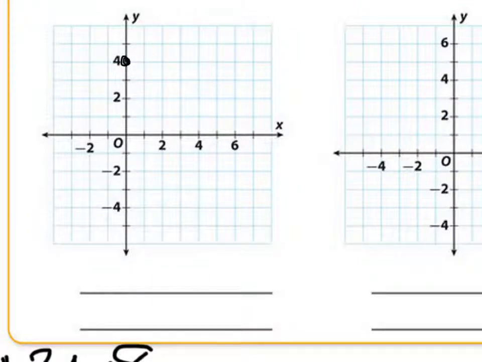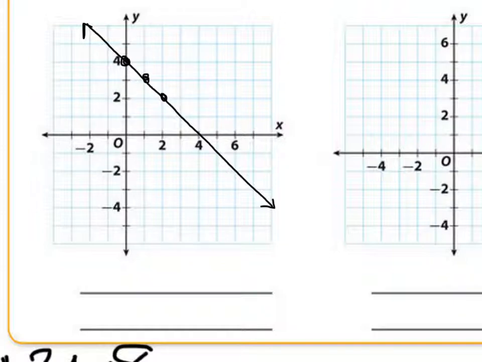And the slope was negative 1, so down 1 to the right 1, down 1 to the right 1. And again, your line should be extremely straight. And there's line number 1.